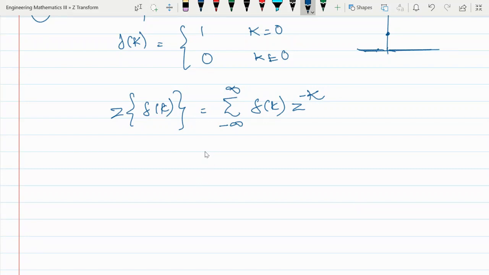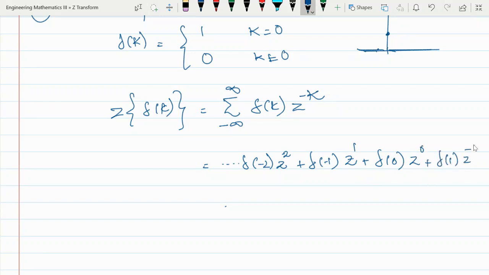Now for k equal to 0 the value is 1 and for other values of k the value is 0. So if we expand this summation, it is dot dot dot, delta of minus 2 z raised to minus of minus 2, which is plus 2, plus delta of minus 1 z raised to 1, plus delta of 0 z raised to 0, plus delta of 1 z raised to minus 1, and so on up to infinity.